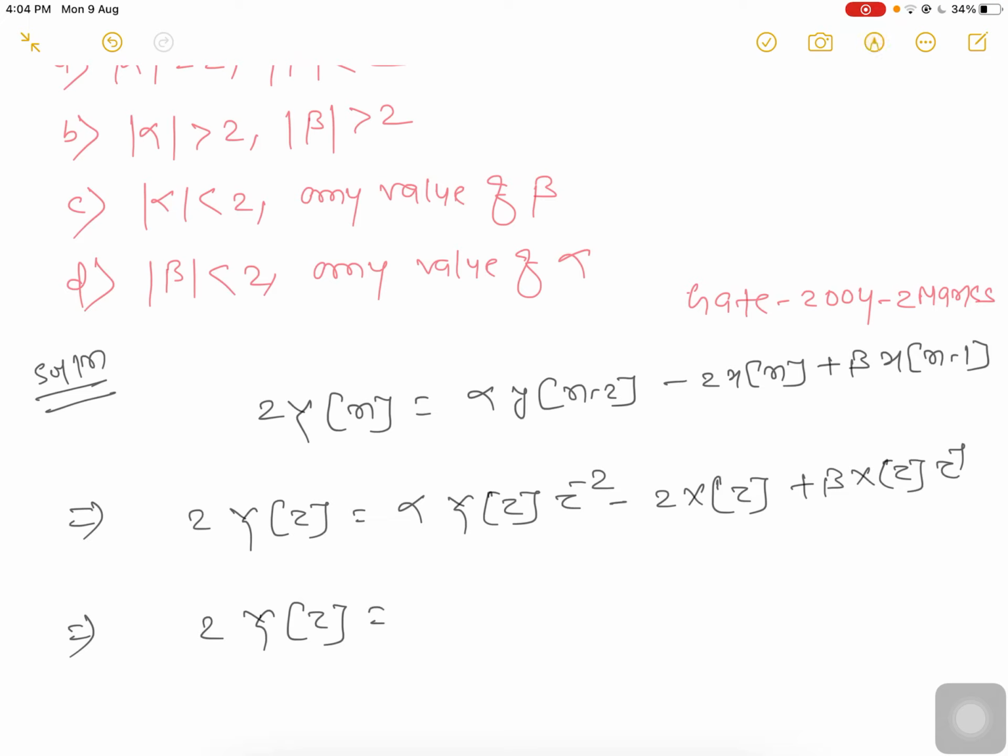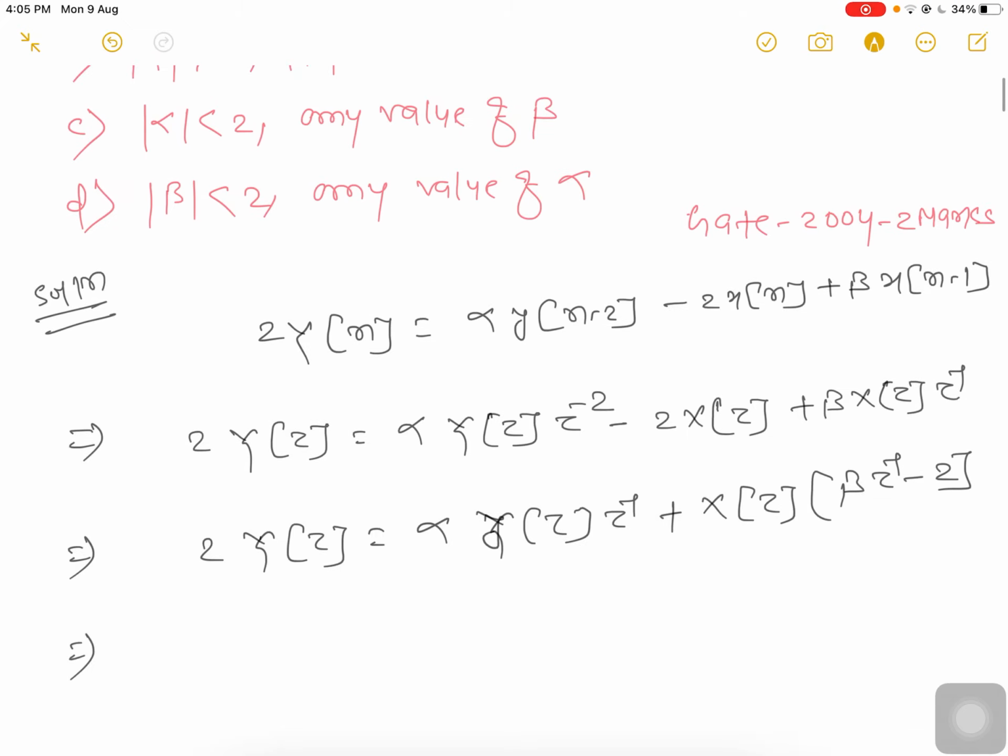Bringing the Y terms together: 2Y(z) minus alpha Y(z) z^-2, and taking X(z) common, we get beta z^-1 minus 2.